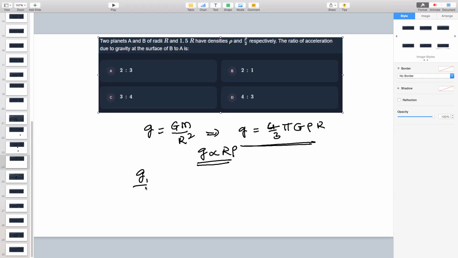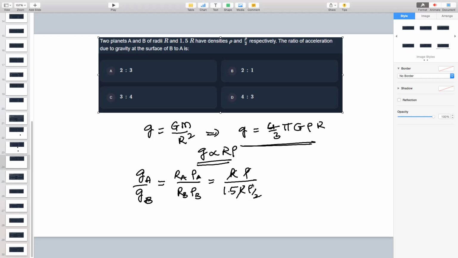Now you are asked to find the ratio, and in your problem, it is given planet A and planet B. For planet A, you can write it is R_A rho_A divided by R_B rho_B. This is equal to R into rho, and this is 1.5 R into rho by 2.